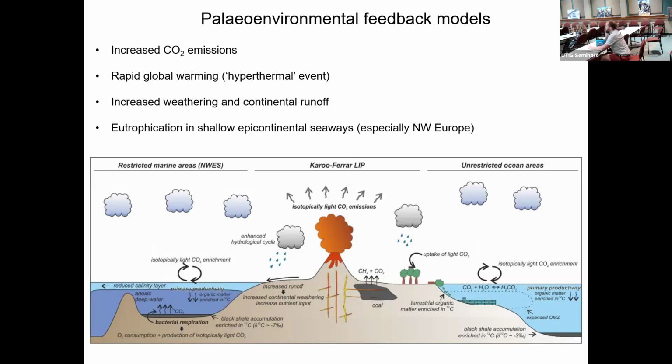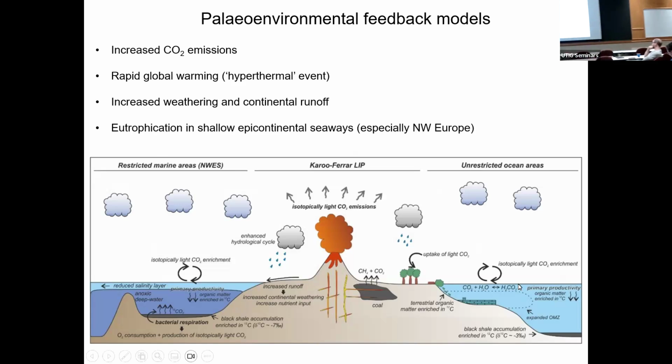Well, that's the kind of model that people have posited. So you've got basically a large input of carbon dioxide into the atmosphere. So general warming gives you increased runoff, so basically you get wetter, more stormy conditions, and more nutrients coming off the land.